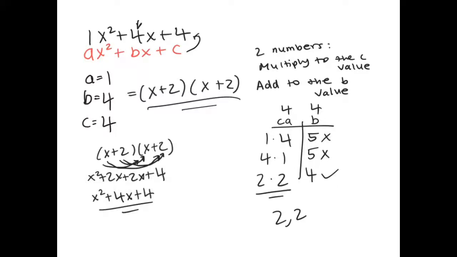Now let's look at a slightly different problem. We'll take an example, which is going to be x squared minus 8x plus 12. Now let's just write out our quadratic equation: ax squared plus bx plus c.